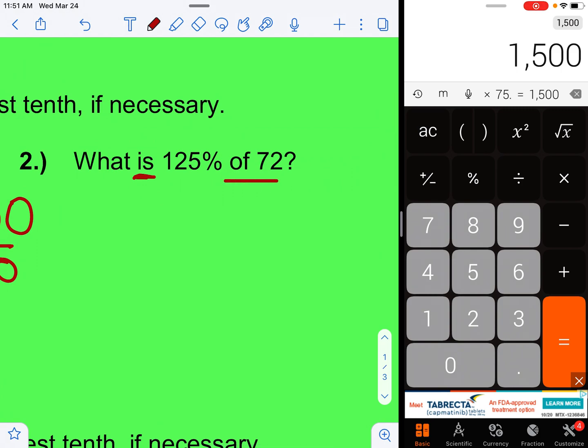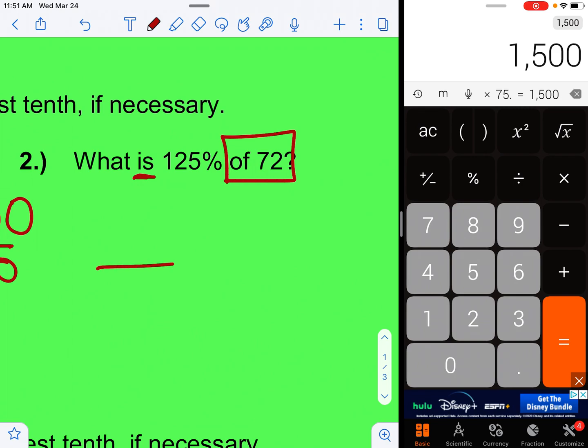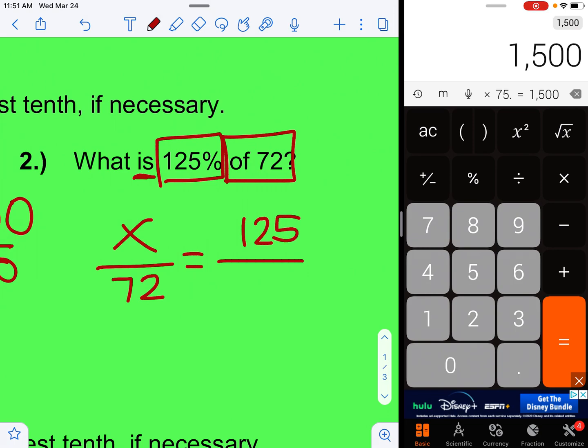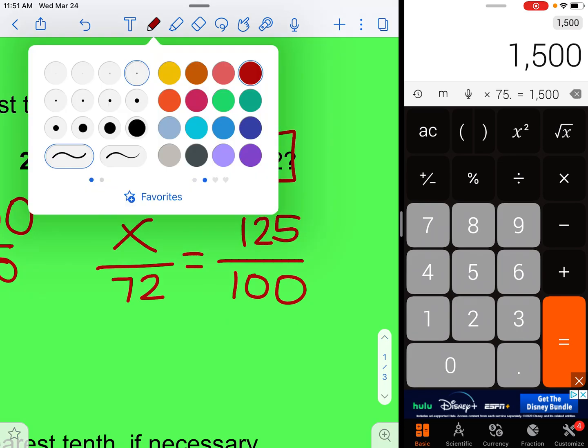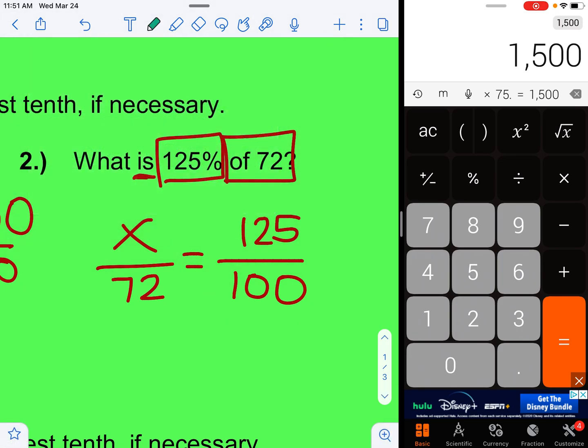It's saying what is 125% of 72. Since it has that of 72, that's the bottom, and we don't know what the is, so that's our x. And then our second ratio is super easy to set up because we find our percent, which is 125, and that's always over 100. Now we know how to solve these.